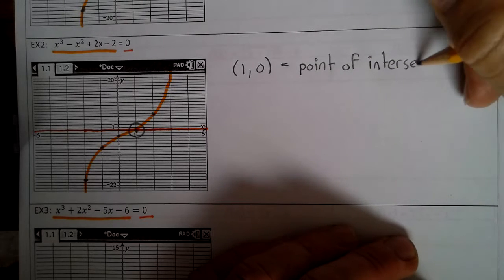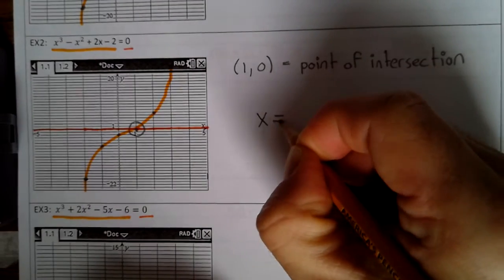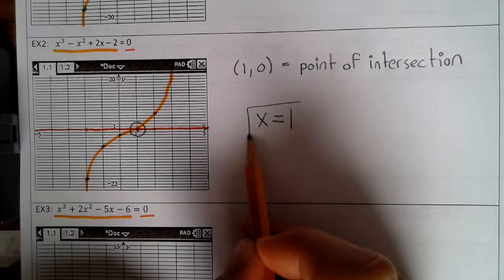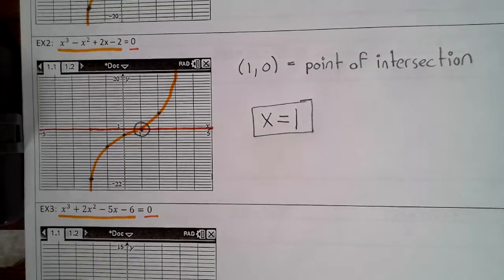And remember, the x value is your solution, so x equals 1 is your solution. All right, so if you would, finish up example 2. All right, and let's look at example 3.